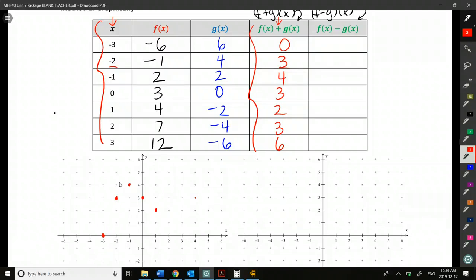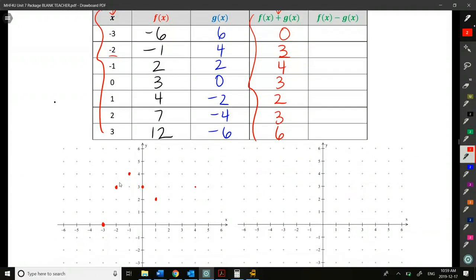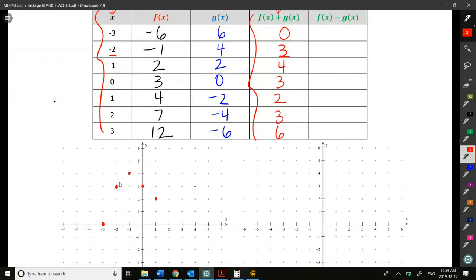Doesn't really make sense. 3, 6. 3, what? I got 0. You got 0 right here? 0, 3, no. Yes, I got negative 1, negative 6.